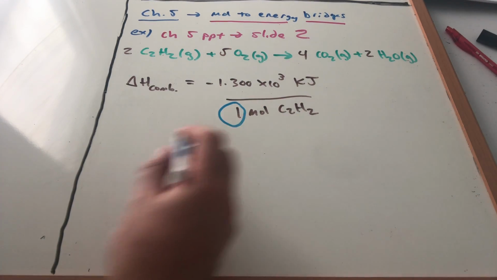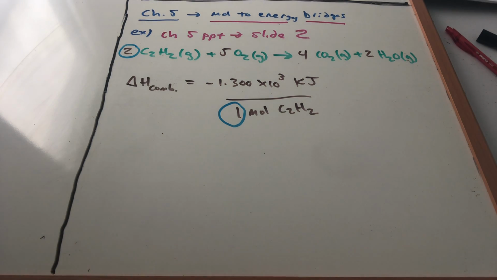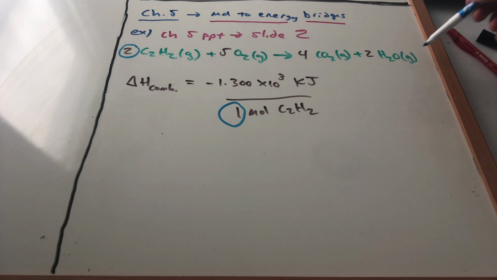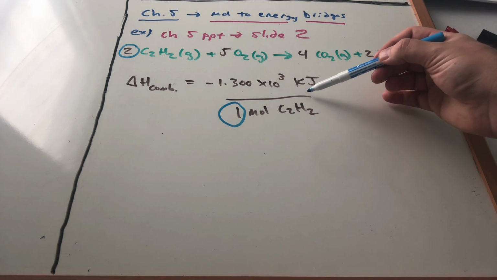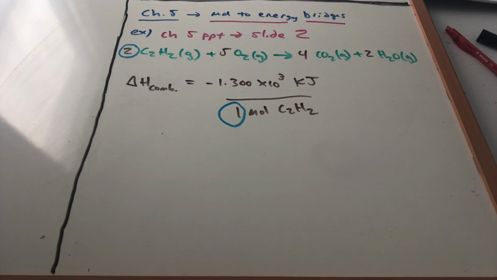Because if this is per 1 mole of acetylene, what do I see here? I see 2 moles of acetylene. So if I wrote minus 1.300 times 10 to the third next to this reaction, and then tried to rebuild this bridge, I would put a 2 down here, and then I would be getting the wrong answer, the wrong information. So it's an important concept.